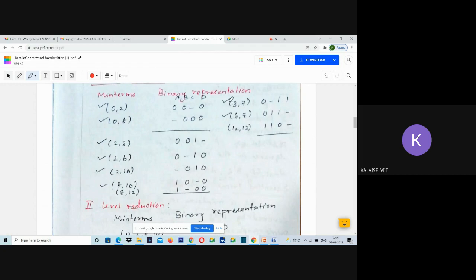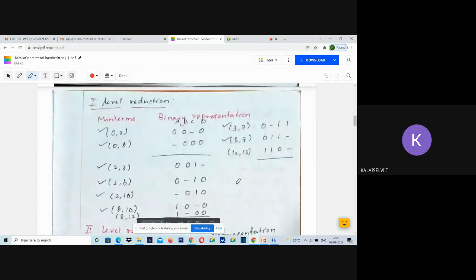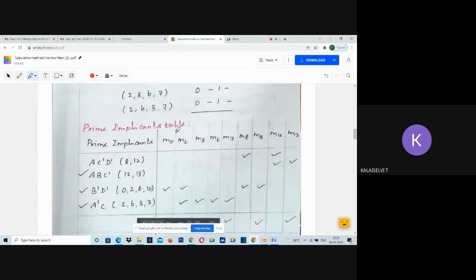This marking helps in forming our prime implicant table. After completing the first level reduction and second level reduction, we have to form the prime implicant table.